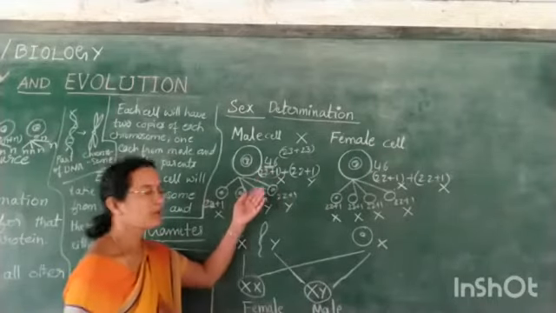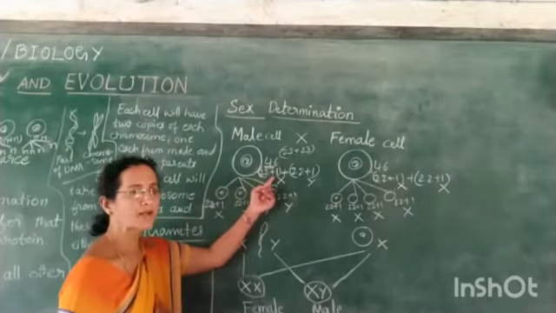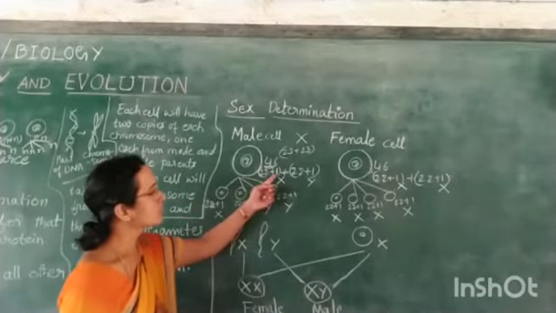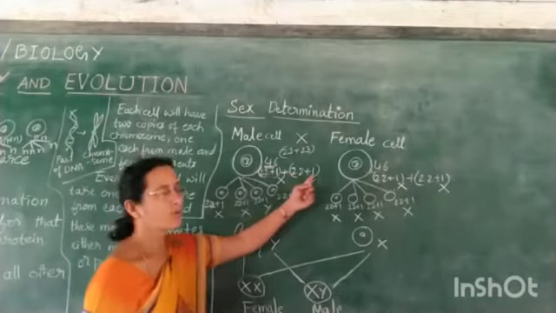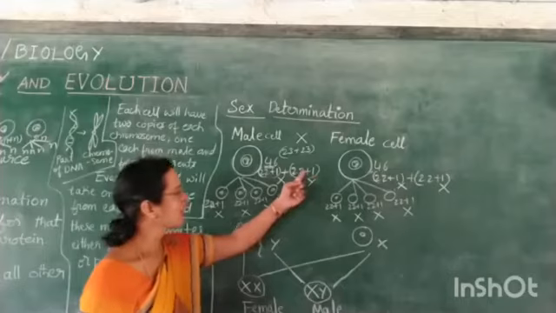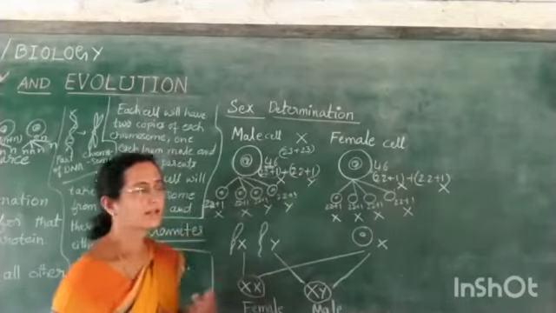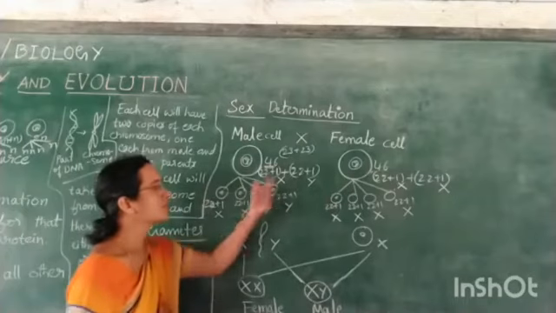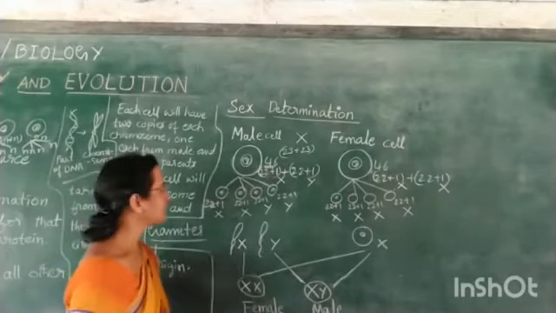Among that, excluding 22 pairs, there will be one pair, with one chromosome from the maternal set and another from the paternal set. Those two form the special chromosomes which determine the sex.